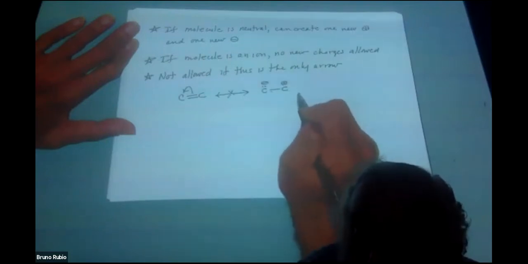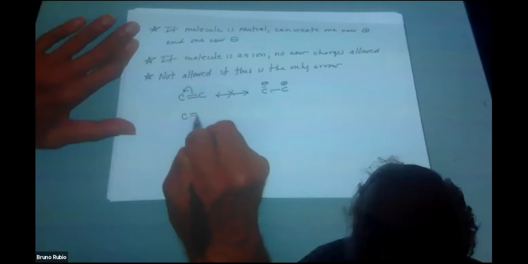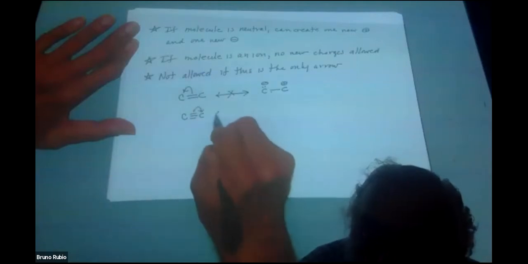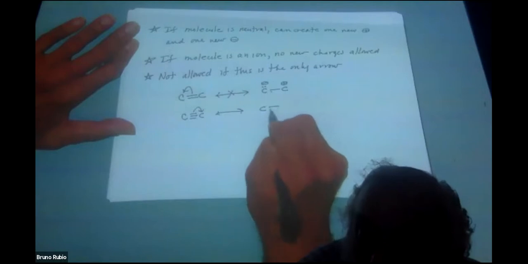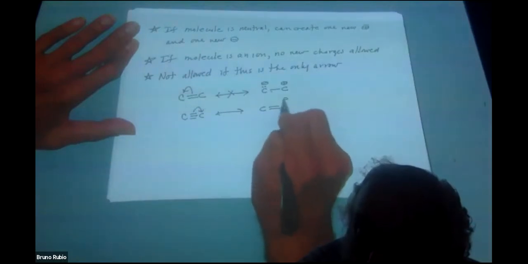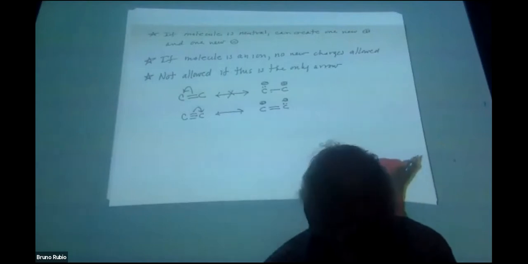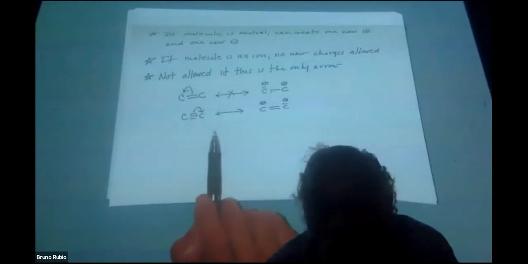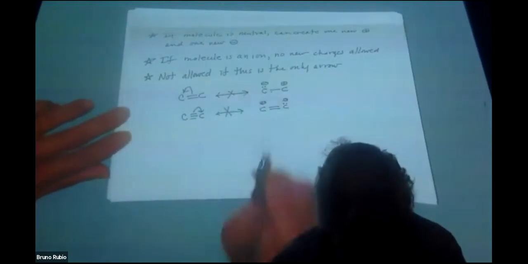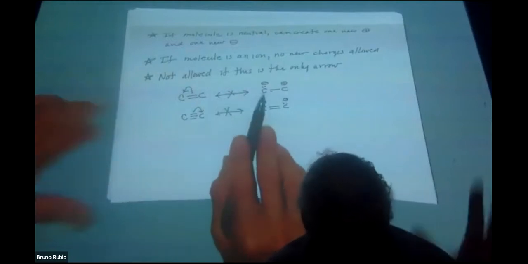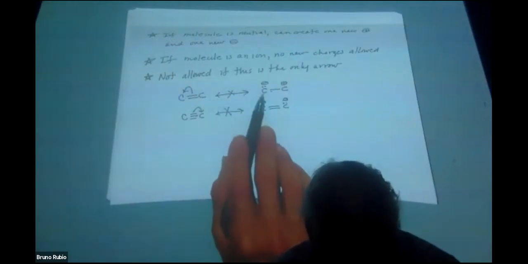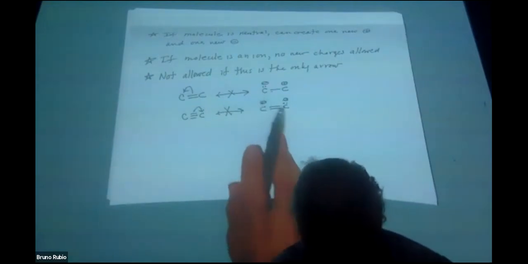Not allowed. You can't take a carbon-carbon triple bond and split that bond in such a way, if these are the only arrows that you draw. If you have more arrows going on in the resonance structures, then this is going to be okay, but this is not a legitimate resonance structure. The reason is that this puts these electrons into those anti-bonding orbitals that we talked about that are high energy and therefore will not contribute to the actual structure of the molecule.